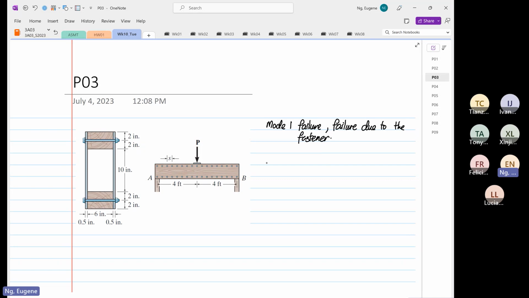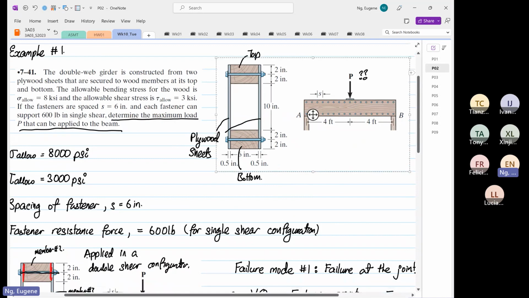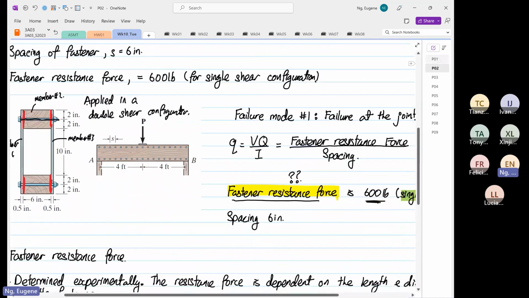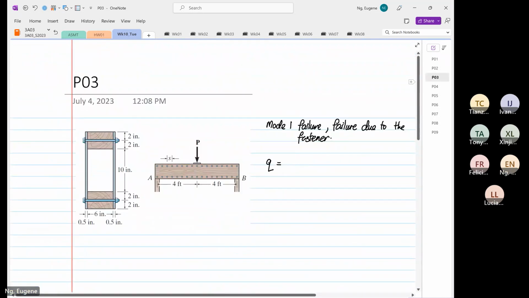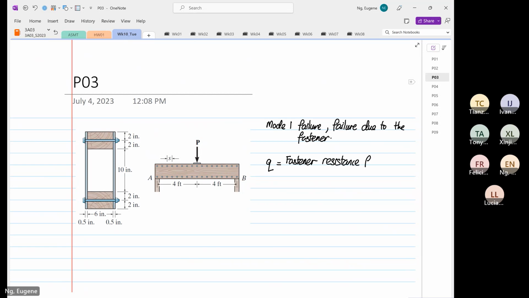Okay, so we know that Q is equal to the fastener resistance force divided by spacing.